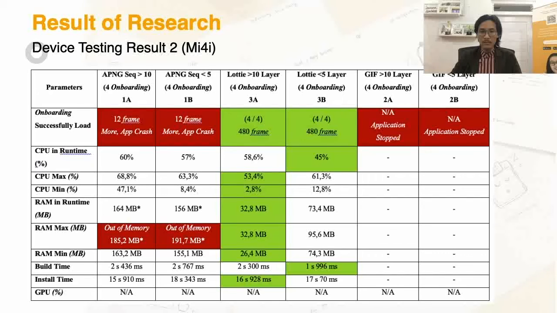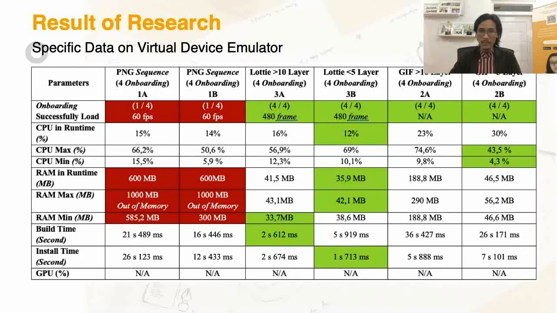In this table, Lottie is most effective in build time, install time, and usage consumption between the APNG and GIF formats. And third, we collect data from the virtual device emulator in Android Studio.